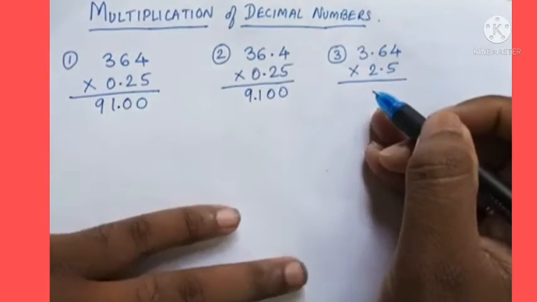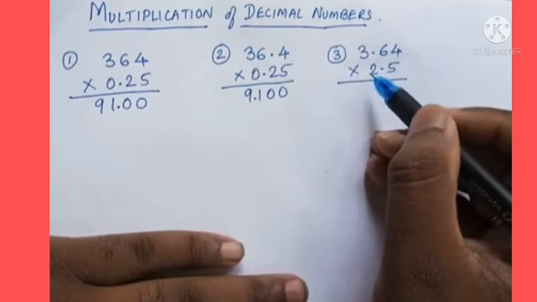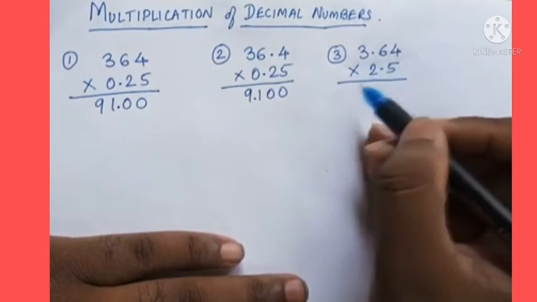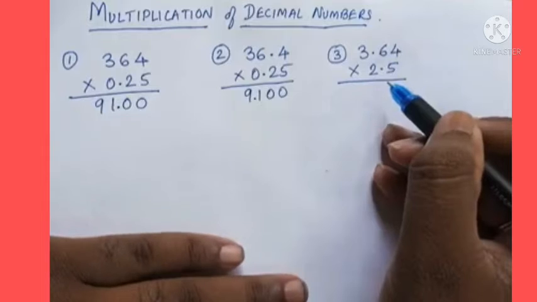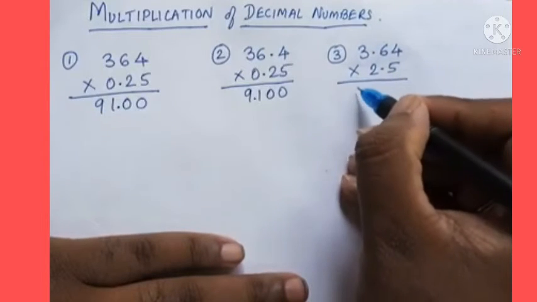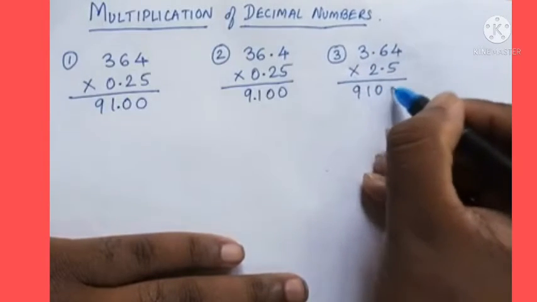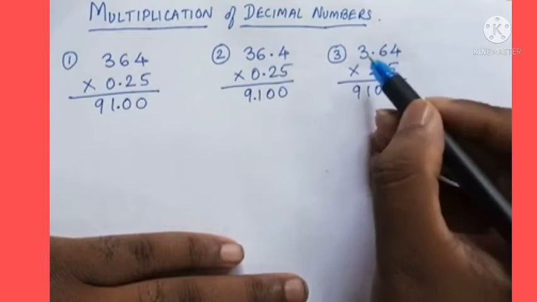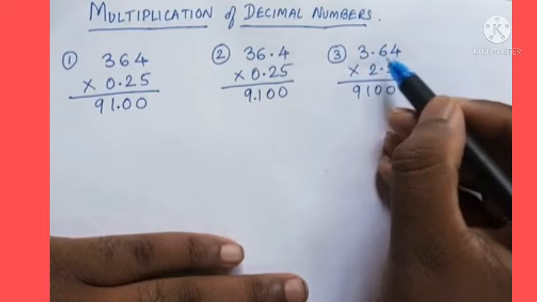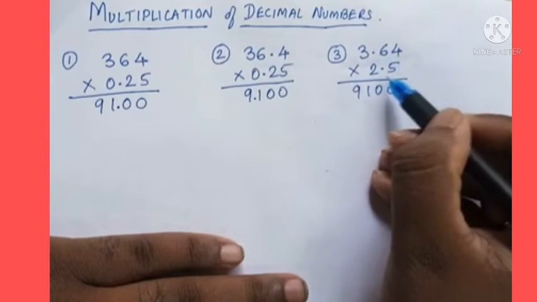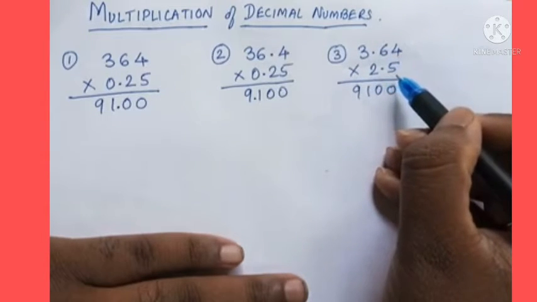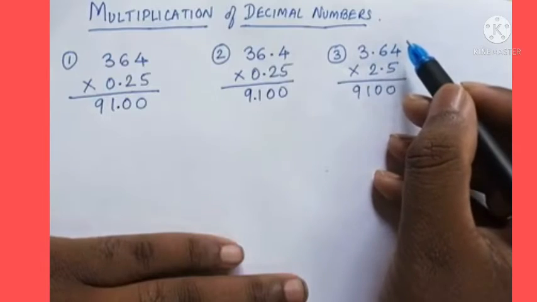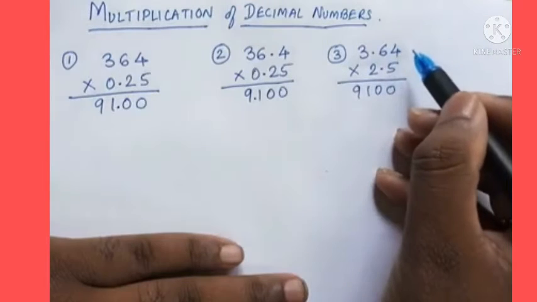Coming to the third example, the first step is again to multiply 364 by 25, ignoring the decimal points, and we get 9100 again. Now count the total number of digits after the decimal point. We have 2 digits in the first number after the decimal point, and 1 digit in the second number. So the total number of digits after the decimal point here again is 3.